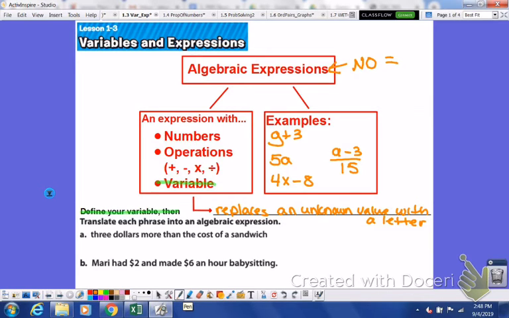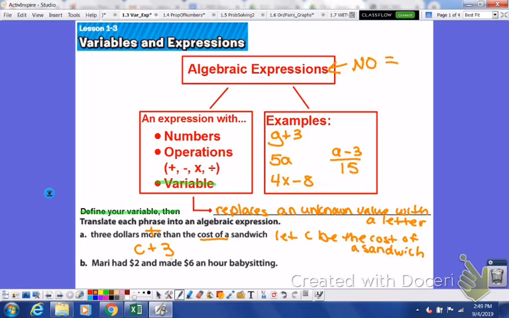So we're going to let C be the cost of a sandwich. So now we've defined our variable. We know what that C represents. So 3 more than tells us we're adding. So C plus 3.